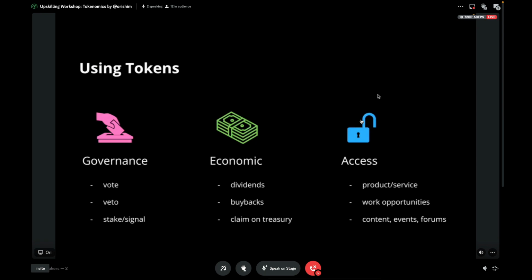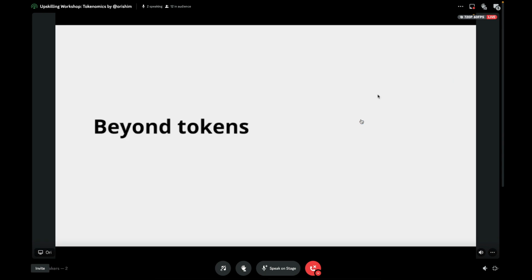So this is from the context of thinking about tokens, but actually tokens, I think of them really as the components of a system. They're units that can drive incentives and that can represent contributions of various types, and that can grant access of various types.